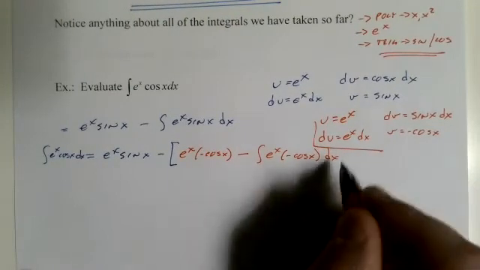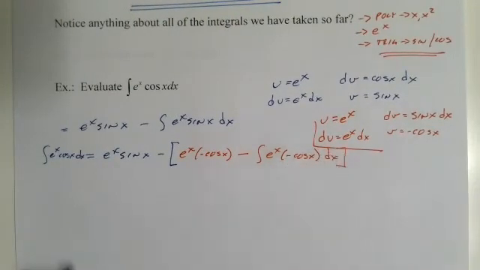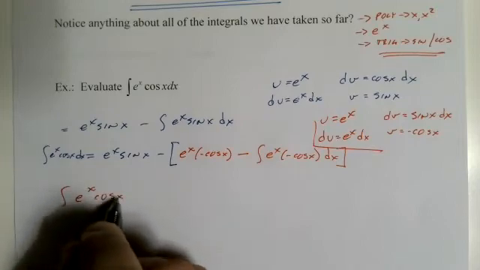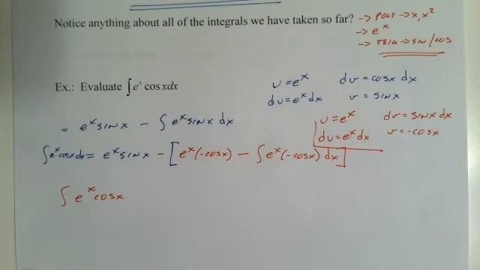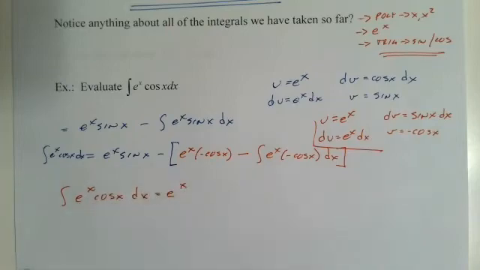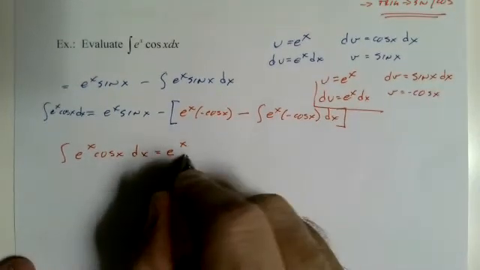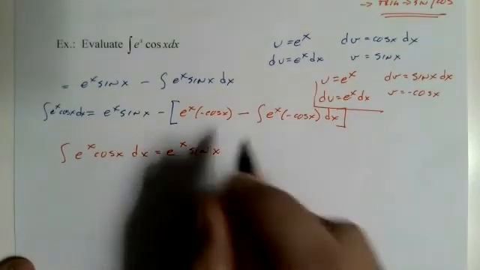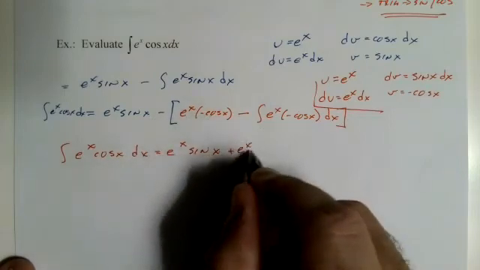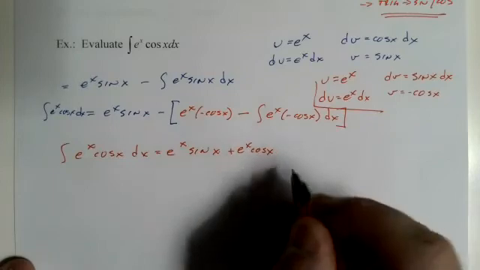This could go on forever. Let's write it properly. The integral of e to the x cosine of x dx equals e to the x sine of x. Minus minus is going to cancel, plus e to the x cosine of x.